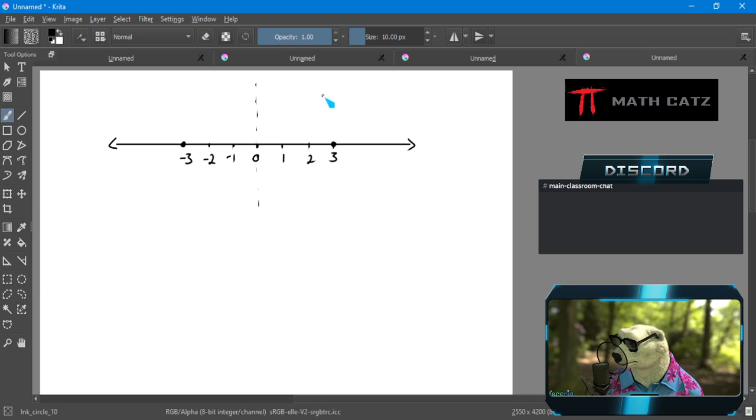Another way of saying that is negative 3 plus 3 will give me 0, one way or the other. Together, they give me 0. They cancel each other. And the mathematical word for canceling, or things that cancel each other, is inverse most of the time.